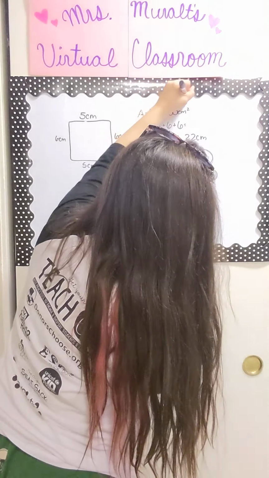Guess what? I'll teach you how. We look at that number and we think in our heads, what other numbers can we multiply that equal 30? That's a good one. 3 times 10. Let's try it out.